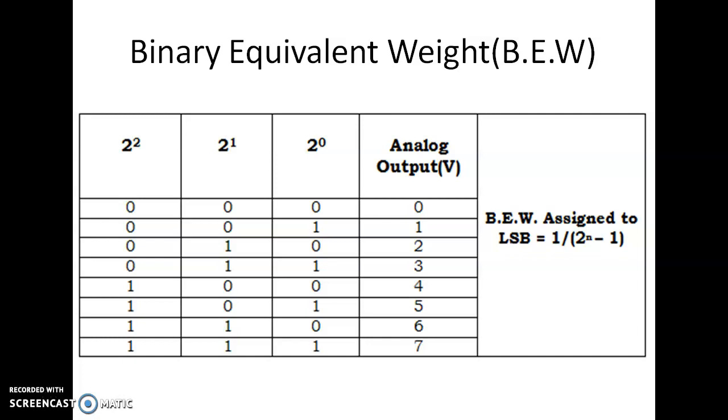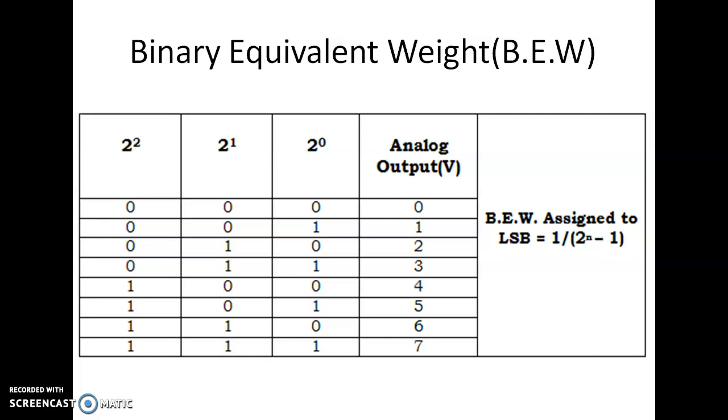If the next bit changes from 0 to 1, then the corresponding change in VO should be twice as large as the one corresponding to the LSB. So the output voltage should change by 2 volts.